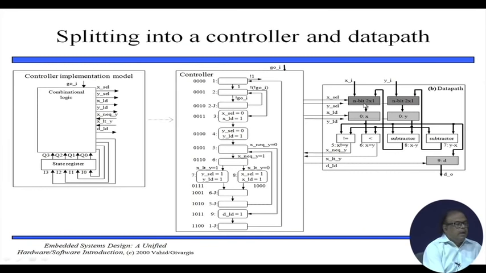We had 2 registers to hold the values, the control lines, the 2 multiplexers and 4 operators, and ultimately we got the GCD, and there were 10 states.